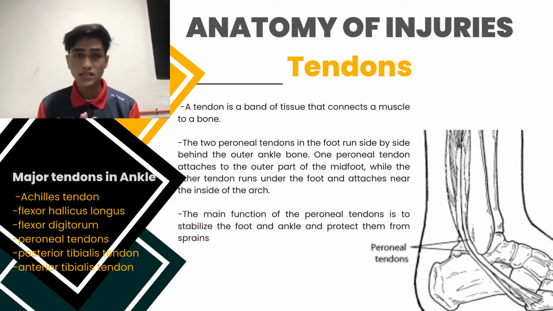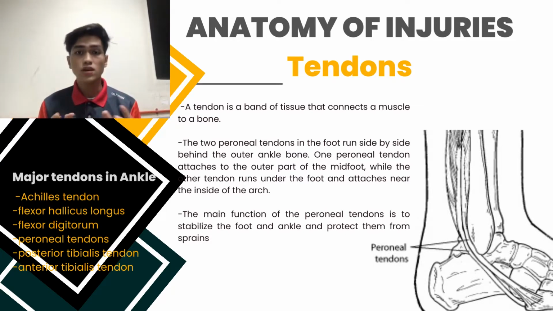For the first one is the Achilles tendon, which attaches the calf muscle to the calcaneus. Next, flexor hallucis longus, which runs along the inside of the ankle and attaches to the big toe. Third, flexor digitorum, which runs along the inside of the ankle and attaches to the other toes.